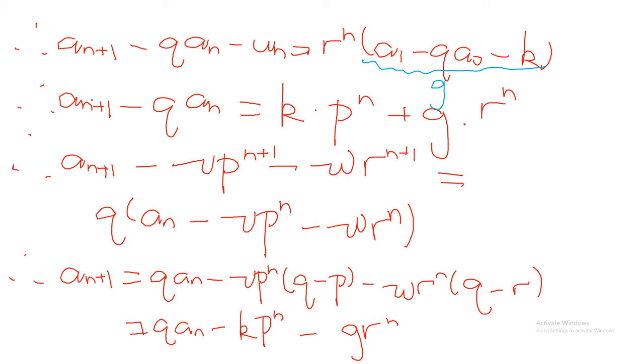So an plus 1 minus q an is k times p to the n's power plus g times r to the n's power. We find somewhat symmetrical things here.